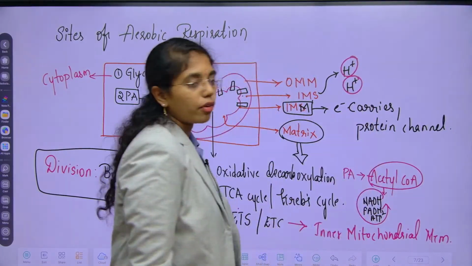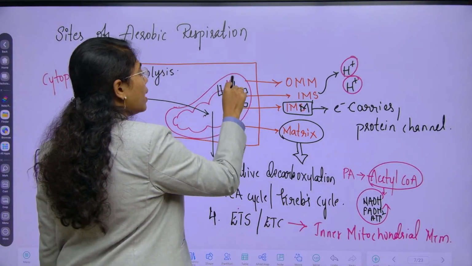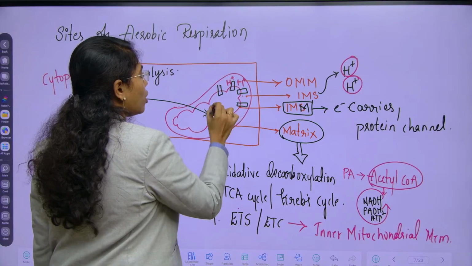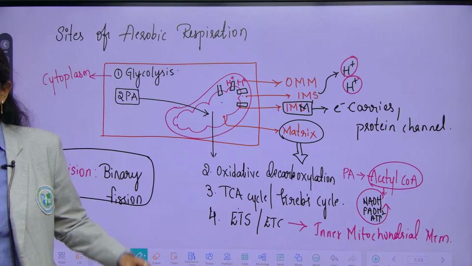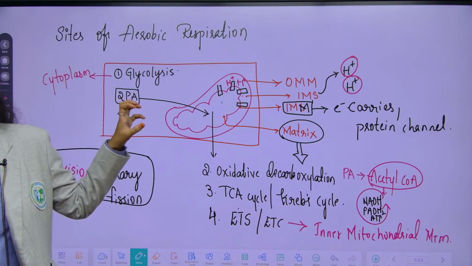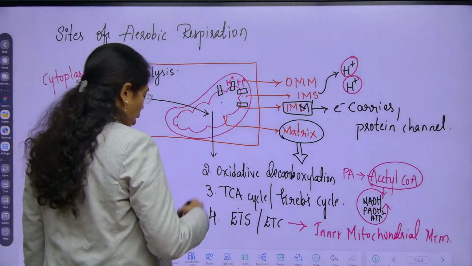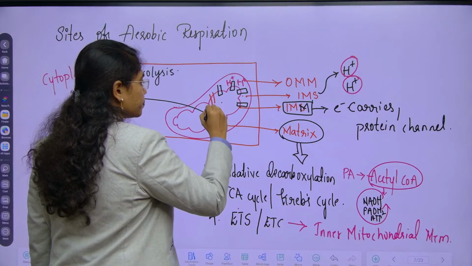Intermembrane space will be equipped with what? Protons. So, high amount of protons you will be seeing where? In the intermembrane space, and low proton concentration will be there in the mitochondrial matrix. So, here a proton gradient is generated, which activates complex 5. What is complex 5? F0F1 complex.